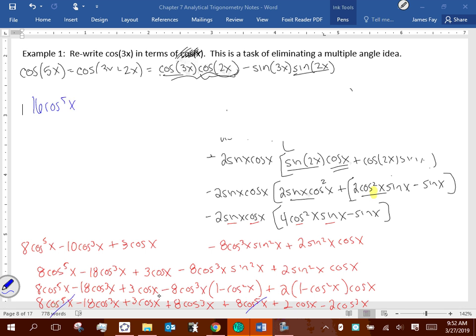Those go away. We got 18 cosine cubed, 8 cosine cubed, negative 2 cosine cubed, right? So it's negative 12 cosine cubed. Negative 18, that'd be negative 10. Remove 2 more, so negative 12. And now we've got 5 cosine x's.